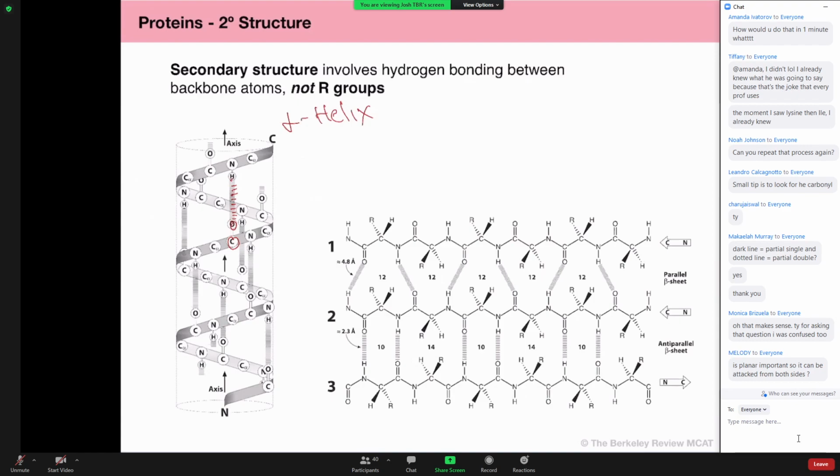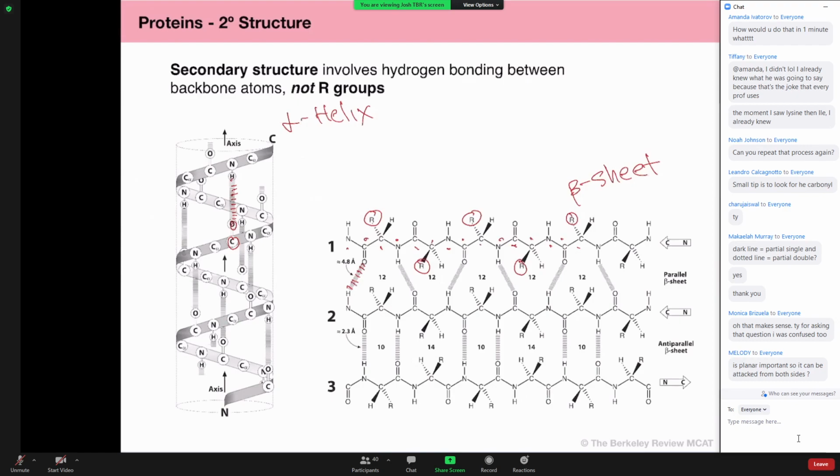Does this all make sense? And then here, this is a beta sheet. All right. And again, here's the backbone, right? So for proteins, right, the backbone is NCC, NCC, NCC, NCC, NCC. Okay. And then you have the R groups, right? These functional groups. Okay. But the actual secondary structure is referring to how these interact, the backbone.